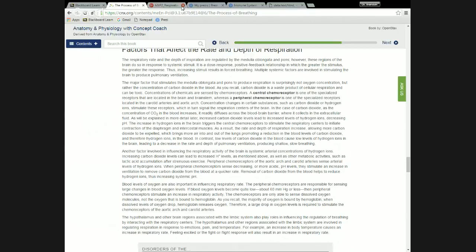Peripheral chemoreceptors are going to be out in the bloodstream. Usually the main ones are in the wall of the carotid artery and the aorta. And as your blood chemistry changes, if your blood becomes too acidic, pH drops, something like that, that can influence breathing.